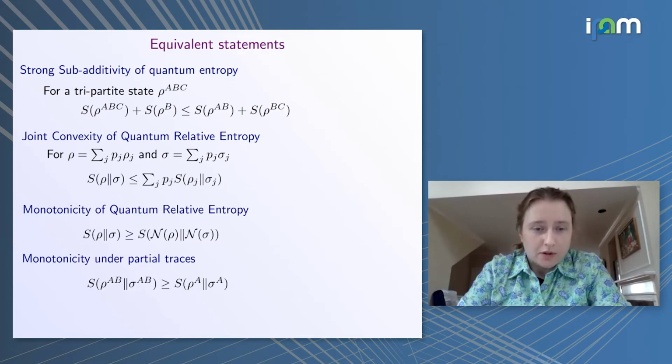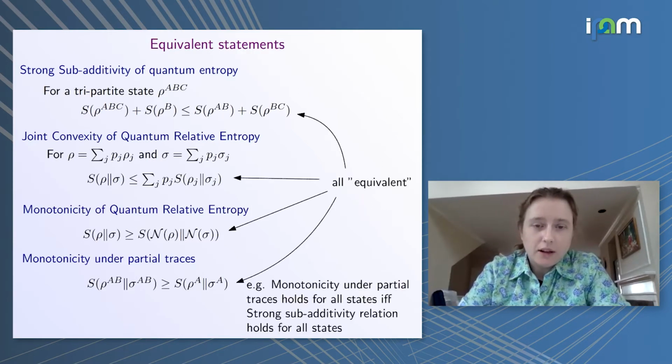And there are two statements about monotonicity. What is interesting is that all of these statements are equivalent to each other in a way that if the monotonicity under partial traces holds for all states, then the strong subadditivity of the entropy also holds for all states.